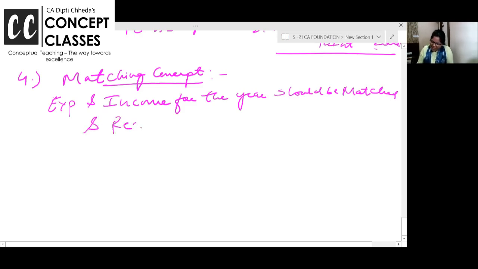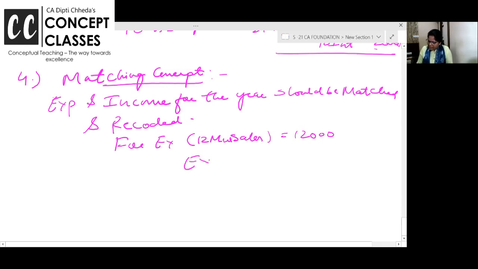For example, if I am writing 12 months sales as 12,000, then I have to write expenses also for 12 months. Otherwise, how am I going to compare and get the profit?